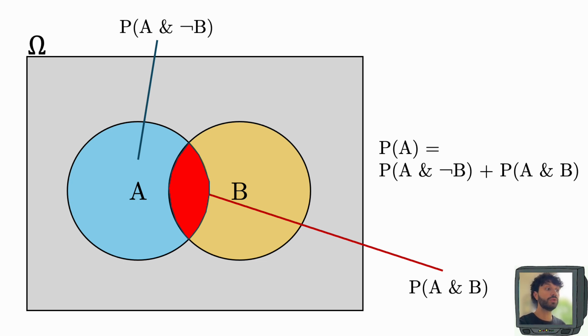It can't be both true right now that A and not B is true and that A and B is true. So this is what the law of total probability says. It says that for any B, if we want to know what the probability of A is, then we'll just take the probability of A and B plus the probability of A and not B.